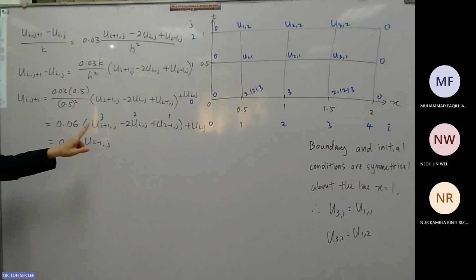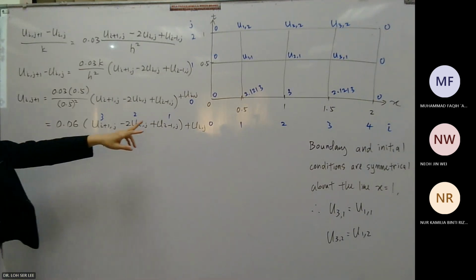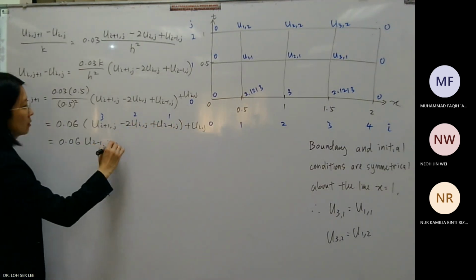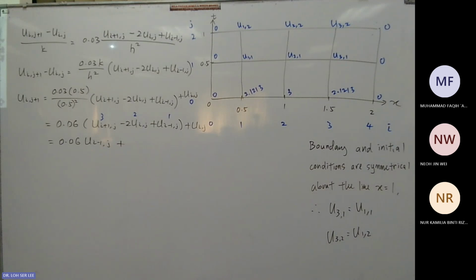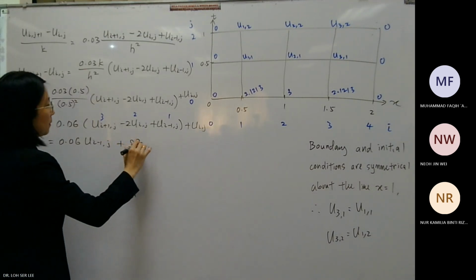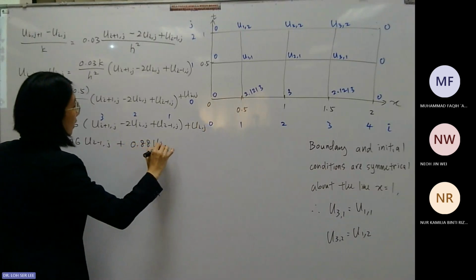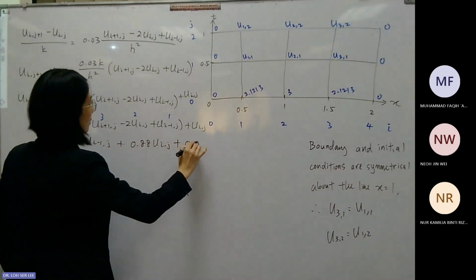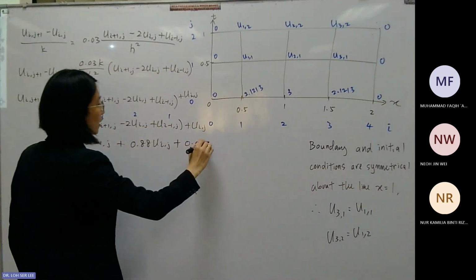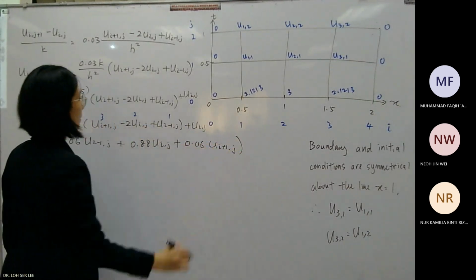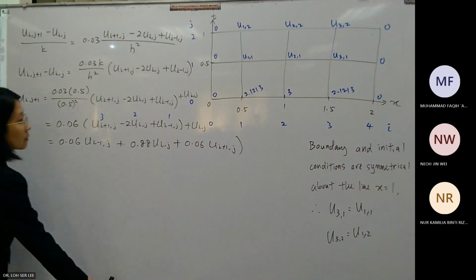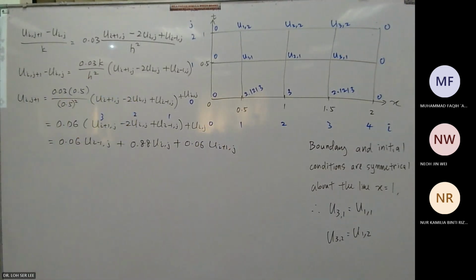Take negative 0.12 plus 1, that is 0.88. 0.88 is u_ij and 0.06. The last one is u_i+1. Then you can start to use this to find your U11.